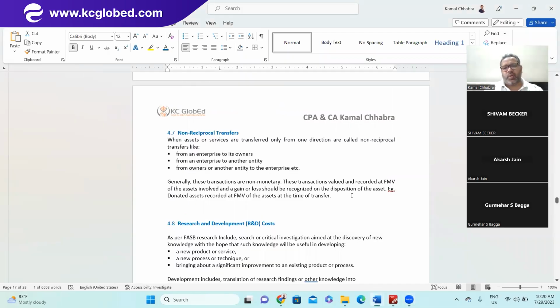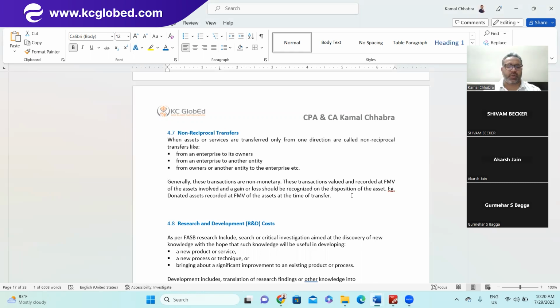So the first one is non-reciprocal transfer, a very small and quick topic. When assets or services are transferred in only one direction, it is called a non-reciprocal transfer. For example, one entity is providing an asset to another entity, but in return they are not getting anything.